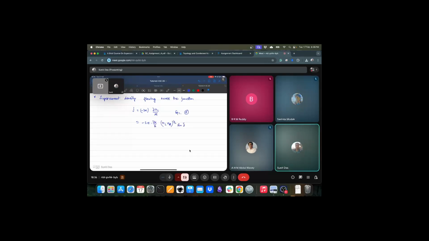Okay, and this we can write as some J0 sine delta, where J0 is minus 4k n, and here n is the square root of n L n R.